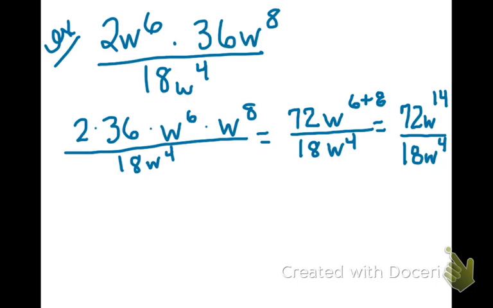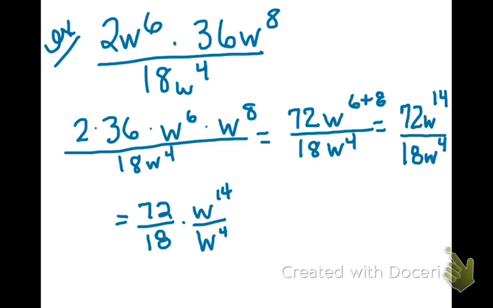Now, I'm not done. In this case, because we have a number on the top and a number on the bottom, we're going to look for more ways to simplify. So we want to look for common factors between 72 and 18. And again, we could take the numeric part of it and say this is the same as 72 over 18 times w to the 14th power over w to the 4th. So I'm just rewriting the math, okay?